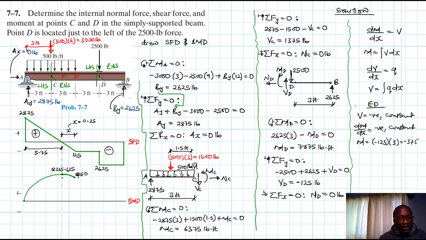So we expect the two to interact. We have minus 375 and then plus 8250. What do we get? We get 75.